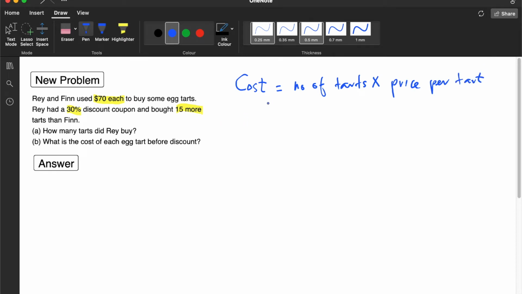If I were to simplify this, I say capital C is equal to N multiplied by P. In this question, both of them actually use the same amount of money. In other words, this cost for Ray and Finn will be the same. So if I were to take the ratio of Ray to Finn in terms of cost, it will be 1:1 for cost.